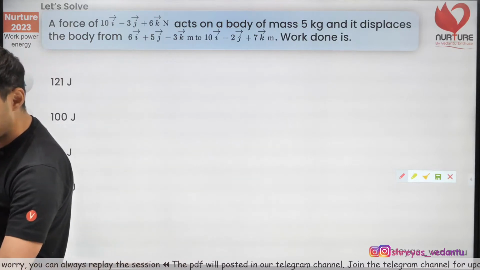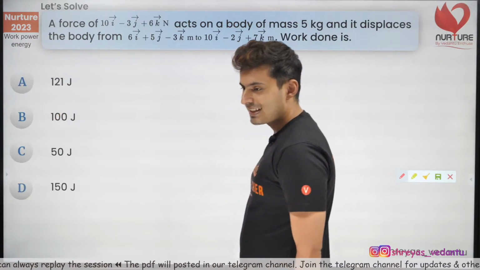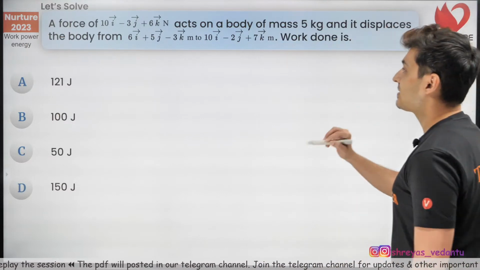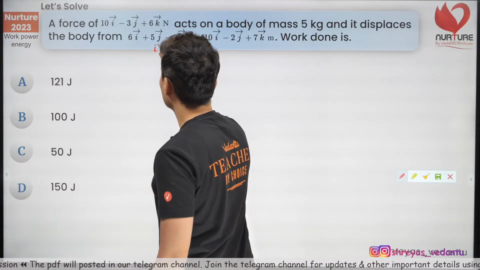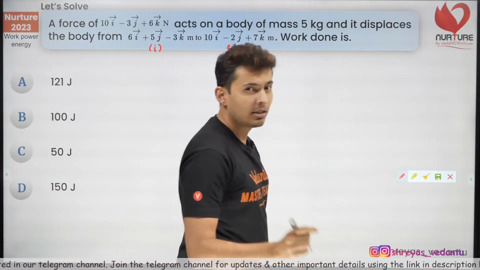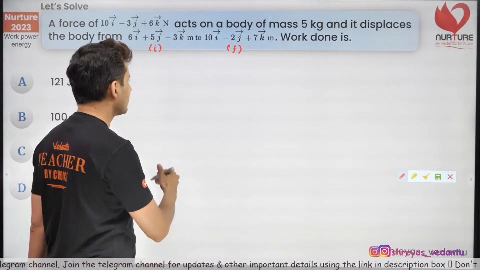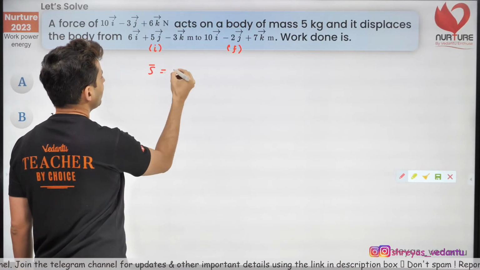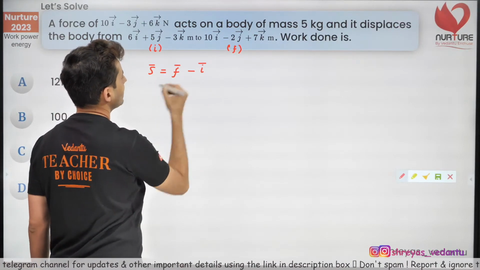So first thing that you need to figure out, guys, is displacement. This is initial position. This is final position. Displacement is final position minus initial position.